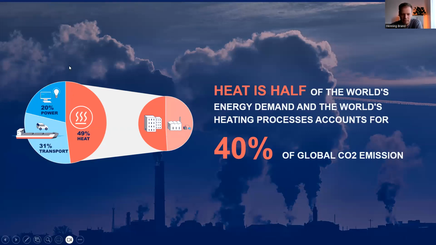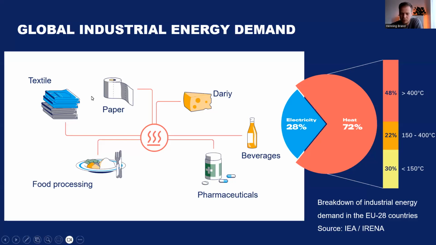And then the main chunk of the world's energy demand, often missed in these discussions, is this block here called heating. That contributes to 40% of global CO2 emissions, the way we need heat in the world. Cooling is part of it as well. Cooling is in these parts as well. So I'll share a little bit about how cooling and heating are related.